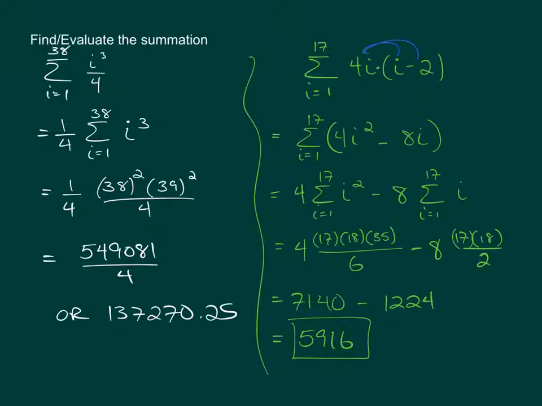So the takeaway from these two examples is the use of the constant multiple rule. This i cubed is being multiplied by 1/4. So we can common factor that out of the summation. And in this other example, we have the fact that everything needs to be addition or subtraction.